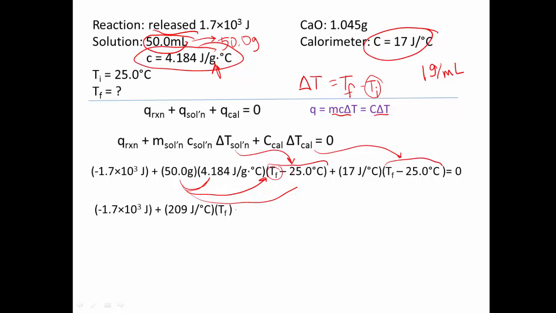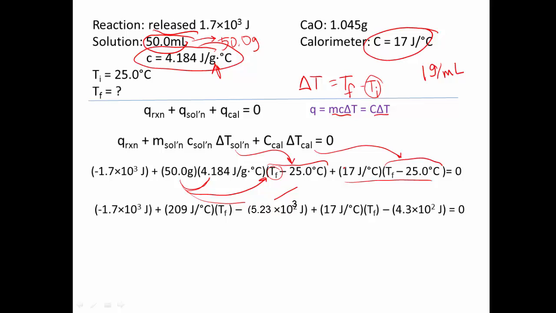Now we're going to multiply by the 25 and subtract, and notice that both the grams and the degrees Celsius cancel out, so we just have joules. So we're going to do the same type of FOIL system right here with our calorimeter values. We have our 17 joules per degree Celsius times our TF, and now we're going to multiply the 17 by the 25 and subtract that.